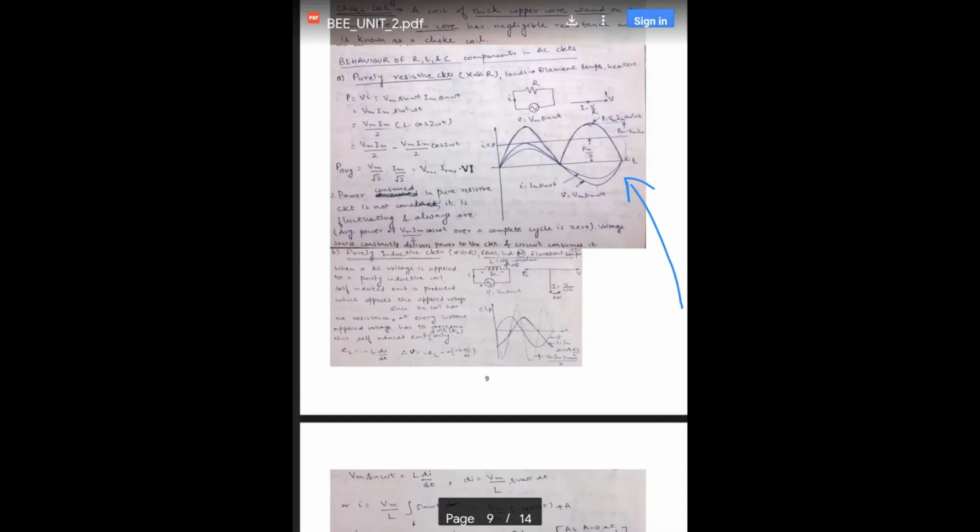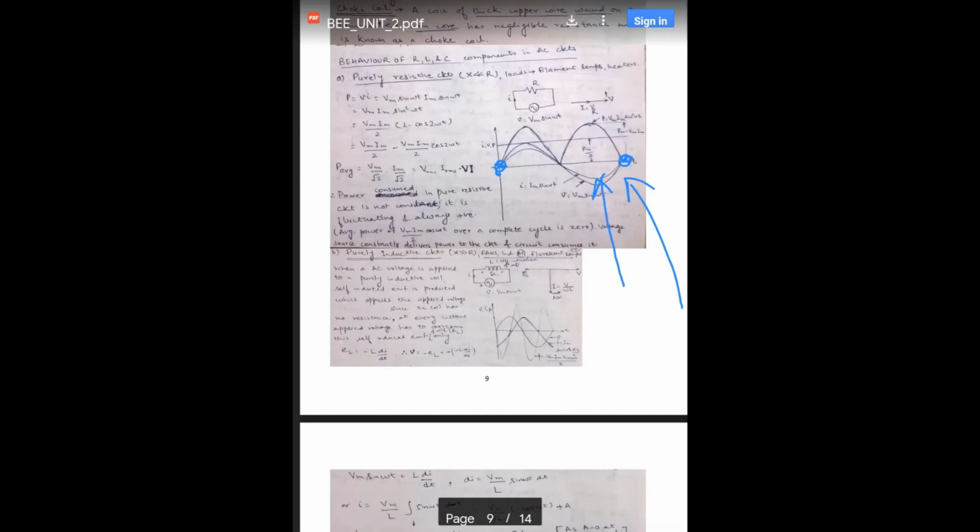First of all, we can draw this Vm sin omega t. Next is the Im sin omega t. Now, since they are in phase, there is no phase difference between them. So both these quantities will begin from the same point in the reference axis or the x-axis and terminate at the same point.